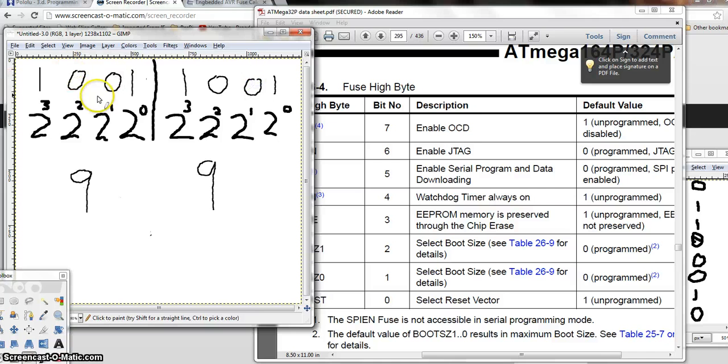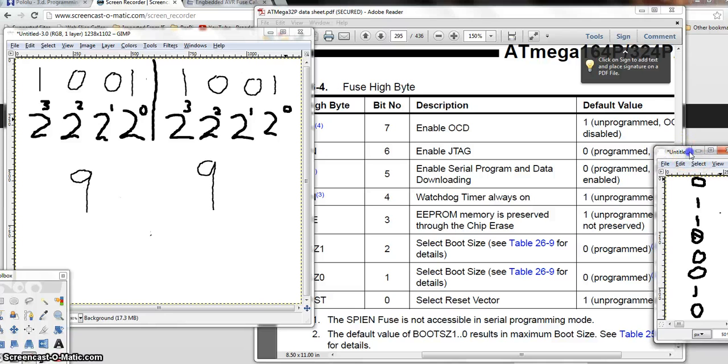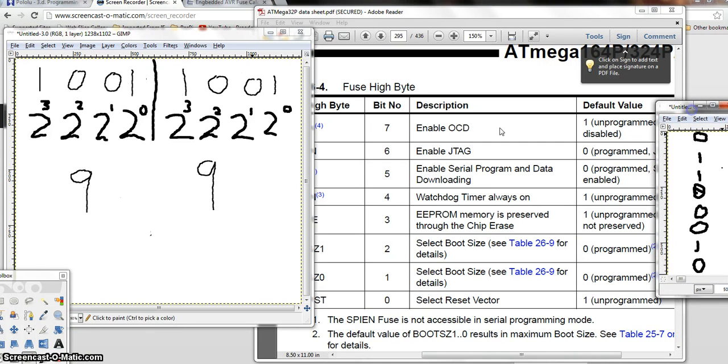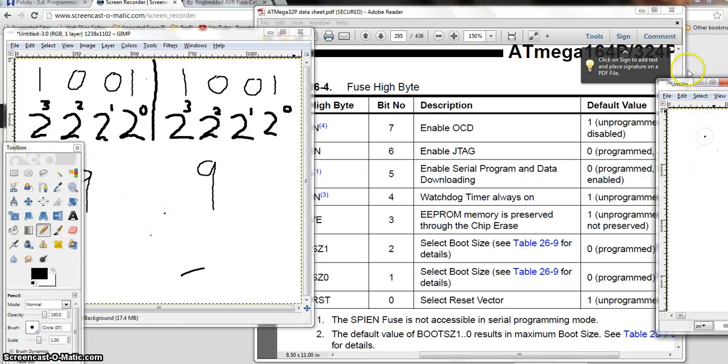Alright, so once again this is going to be our high byte. I erased the stuff here. Okay, so we're going to write down our byte, remember, from our highest bit down to our lowest.